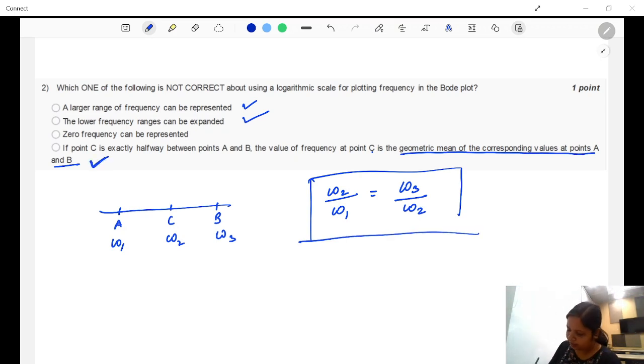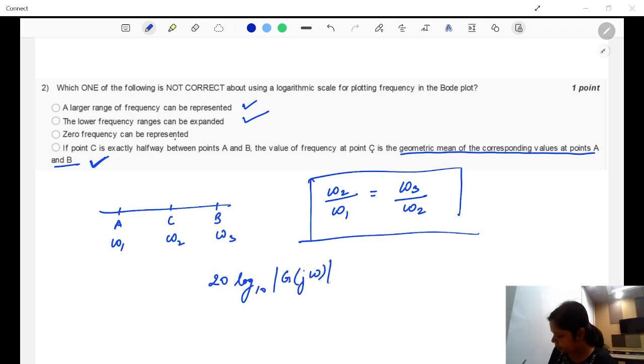Another option is that zero frequency can be represented. Now we should check this. If we are plotting the magnitude, 20 log 10 of g j omega, and we want to check at zero frequency, this term becomes zero.